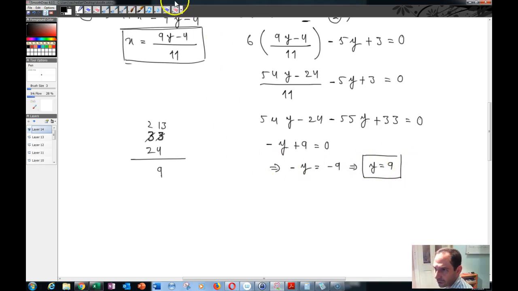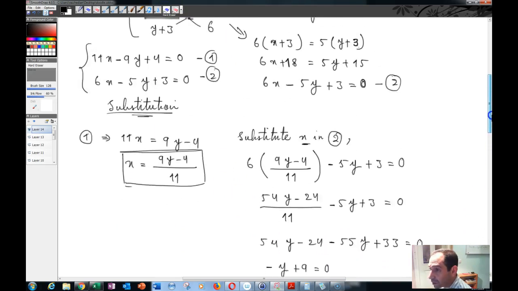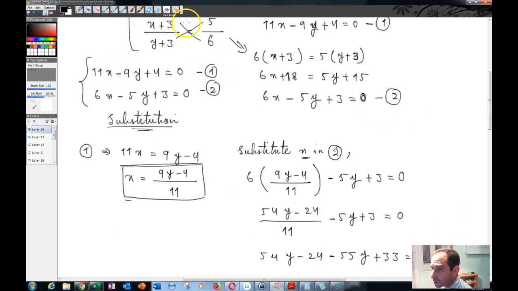Now that you know the value of y, you can put it in any of these equations. For example, equation number 1 over here, 11x minus 9y plus 4 is equal to 0.